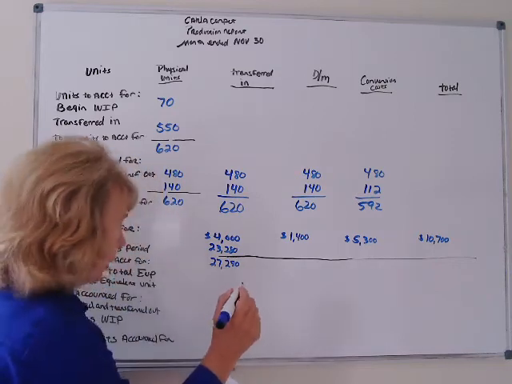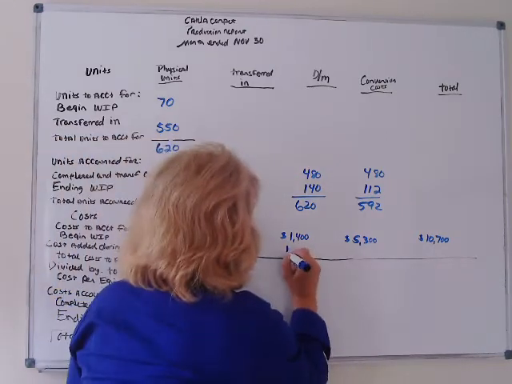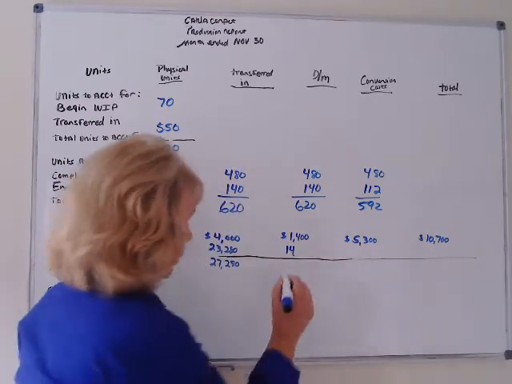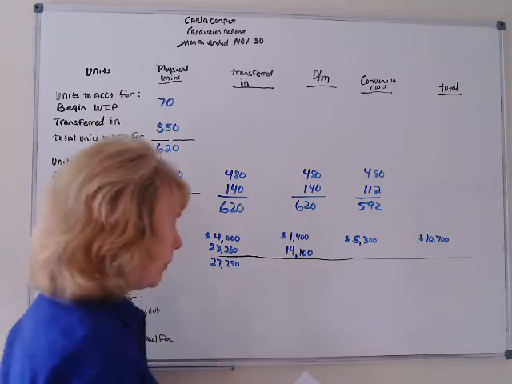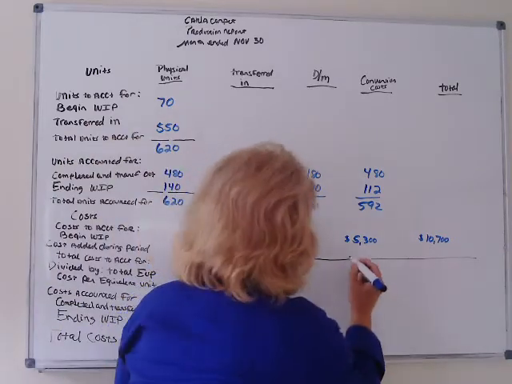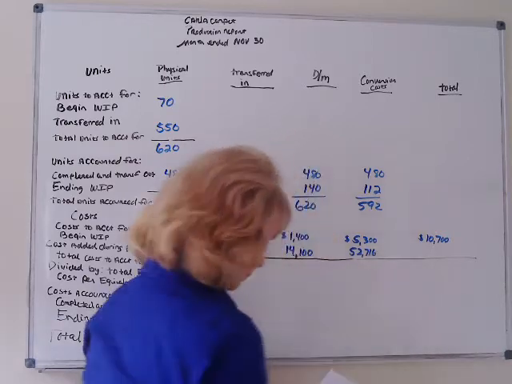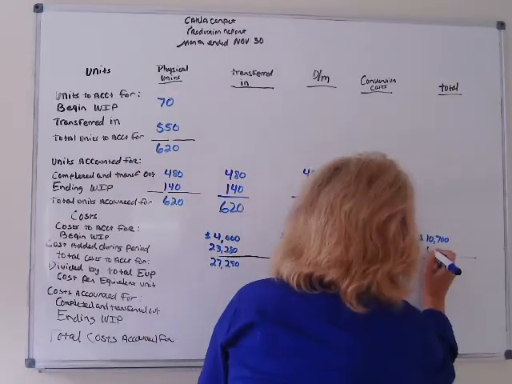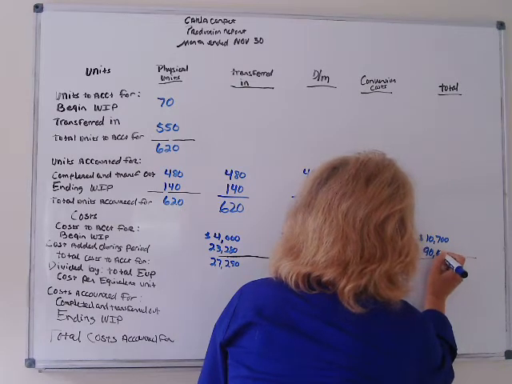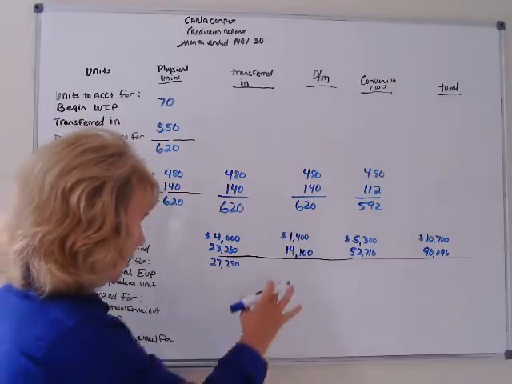Then I have $1,400. What was transferred in is $14,100. Next, my conversion costs are 52,716, and then I'm going to total that across as well. 90,096. I add those up.